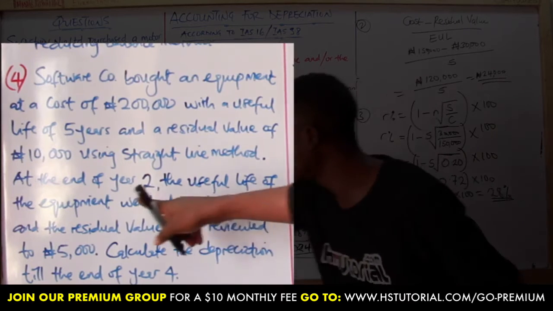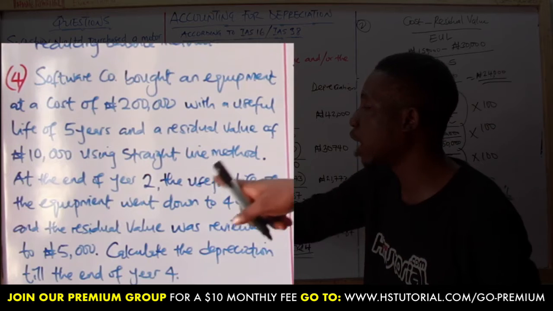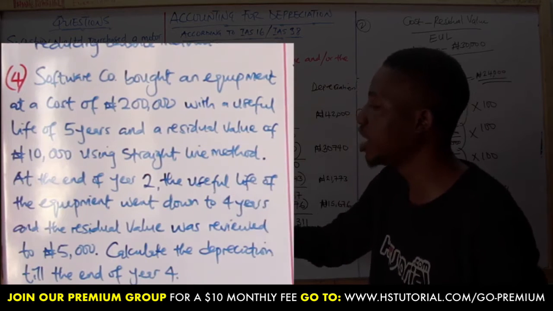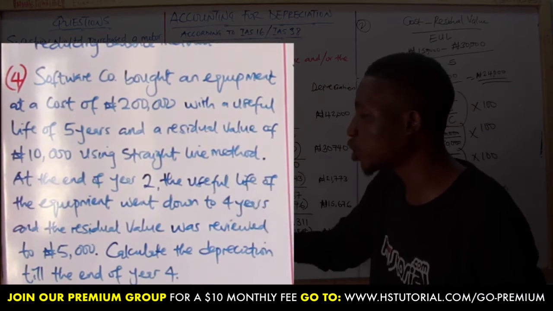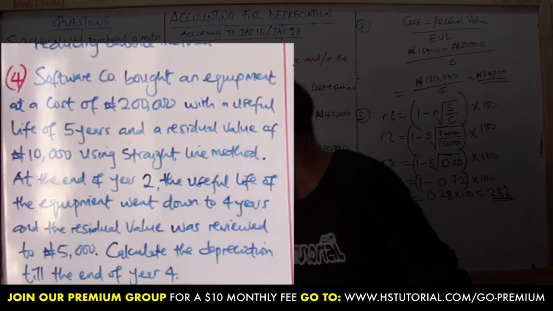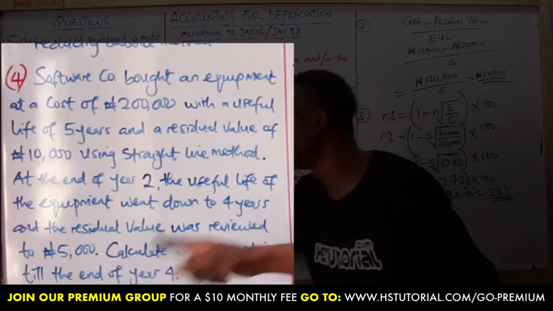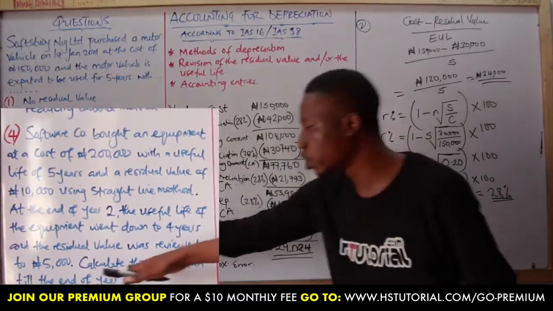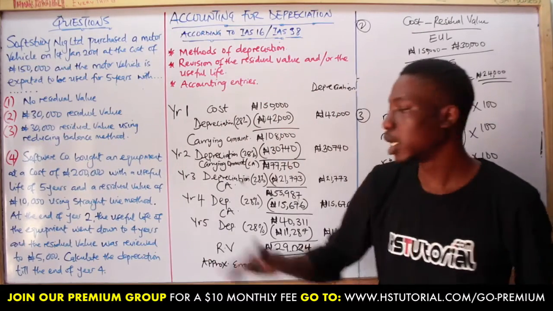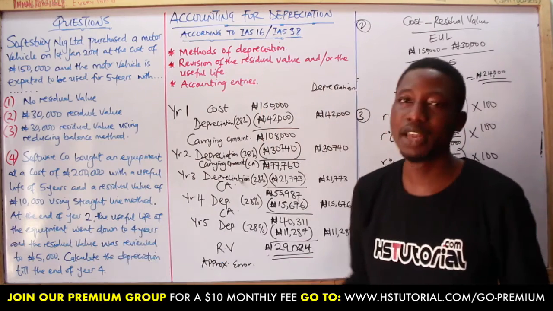At the end of year 2, the useful life of the equipment went down to 4 years and the residual value was revised to 5,000 naira. Calculate the depreciation till the end of the year. So this is the requirement.